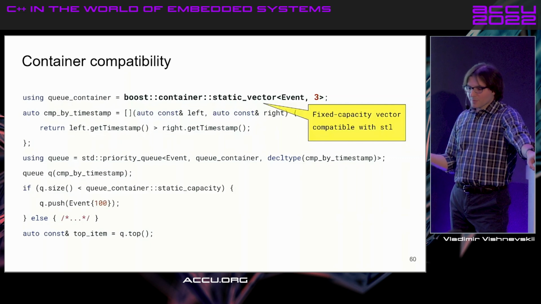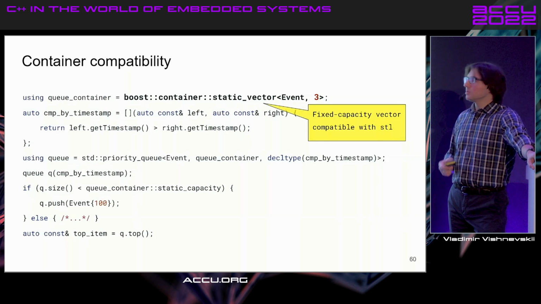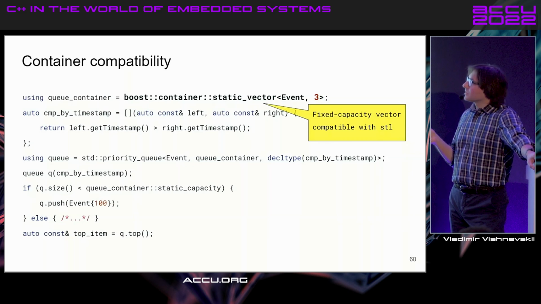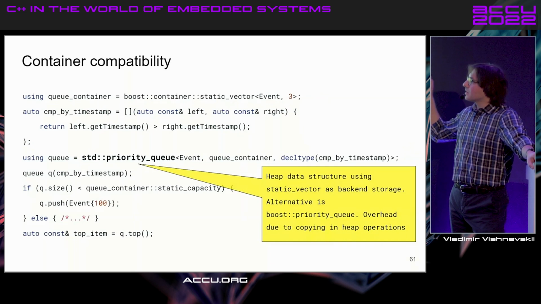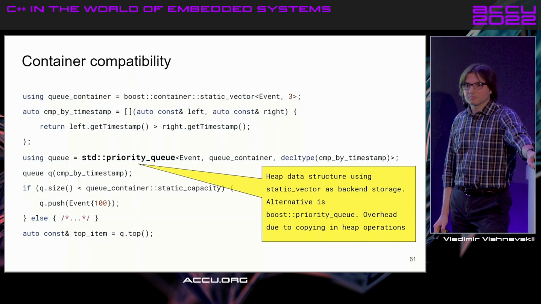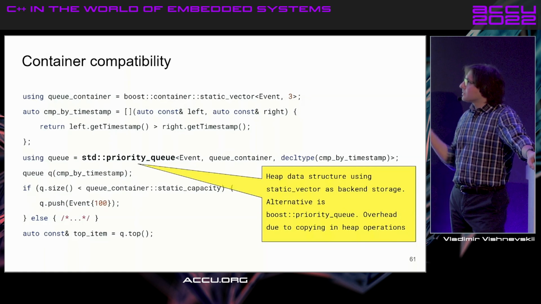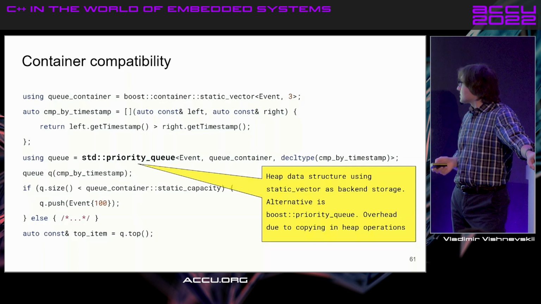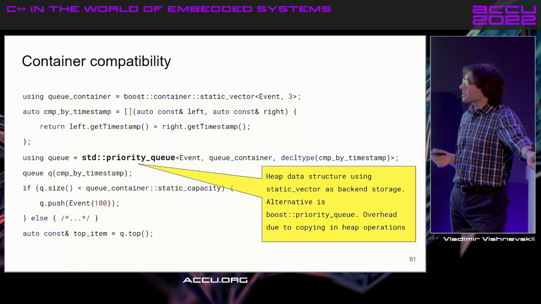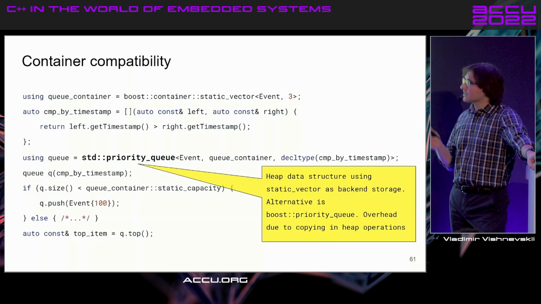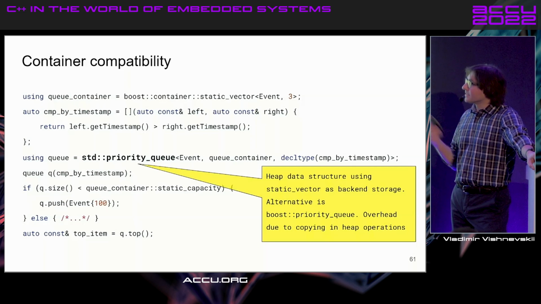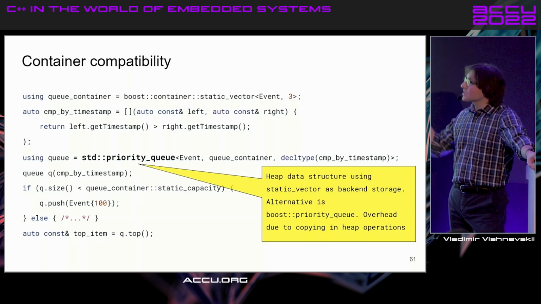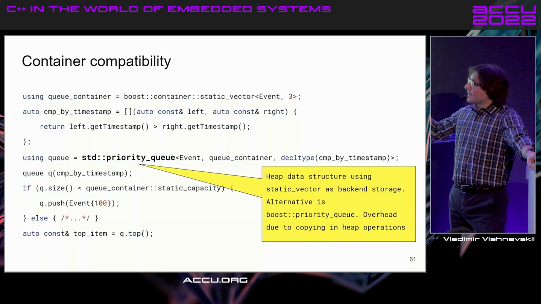And for the purpose of our event queue, we would like to use the standard priority queue that uses our static vector as the storage backend. Here we are using the standard one because it's compatible. At the same time, we can also use the Boost priority queue that has some extra functionality. But anyway, this is just an example that we can use facilities from different frameworks, from Boost and from the standard library.